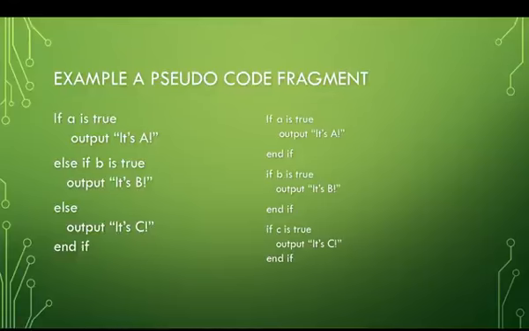So now let's look at the pseudocode here. This is a really important slide because this is very easy to get confused about logic, so you want to look at it carefully. Here on the left, I have the new logic. The basic idea is if A is true, we output it's A. If B is true, we output it's B. Otherwise, if it's not A and it's not B, we output it's C. And notice I don't have any test condition here because I've excluded A and B, so then it has to be C. And notice how that works.